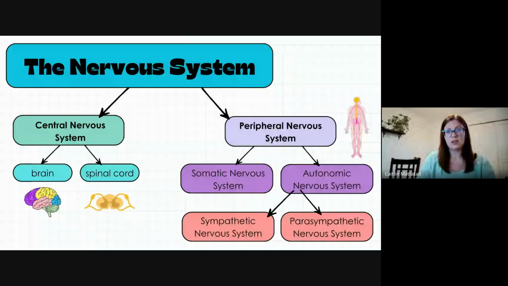So with the divisions of your nervous system, again, more into kind of the memorizing part of bio compared to what we've been doing so far, but you still need to be able to apply it.